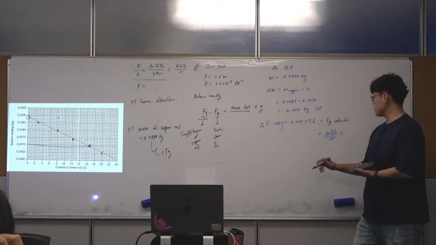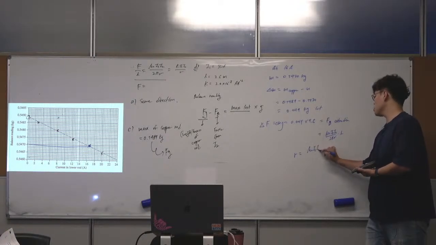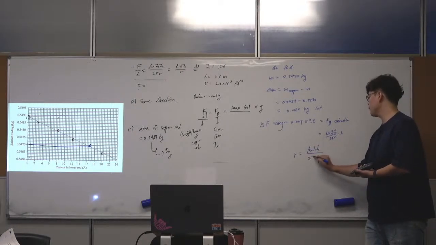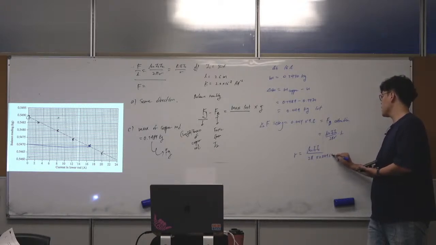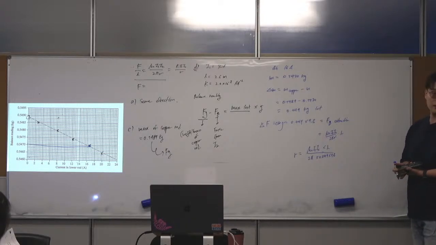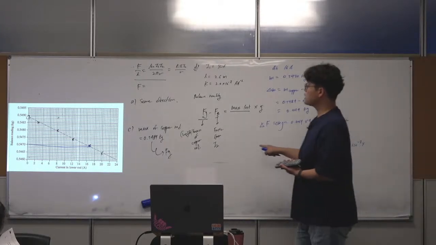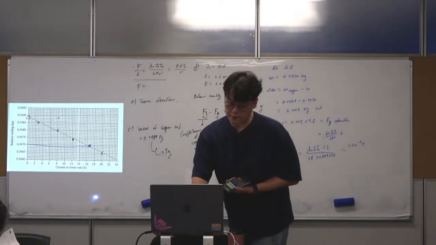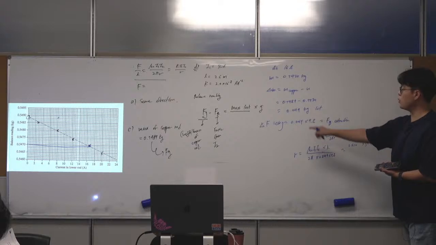So let's substitute: r is then equal to mu naught I1 I2 over 2 pi times that, over 0.0019 times 9.8, with the L on the top. Okay, we can simply use the k value, which is 2 times 10 to the power minus 7, times I1, that is given as 50, times the I2 that we chose, the 16 amps.